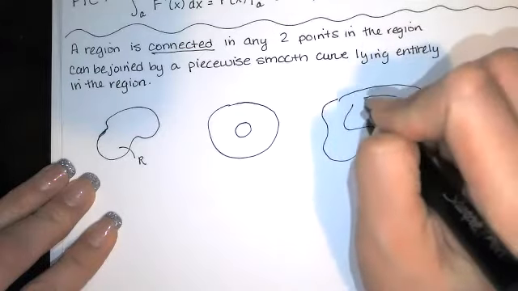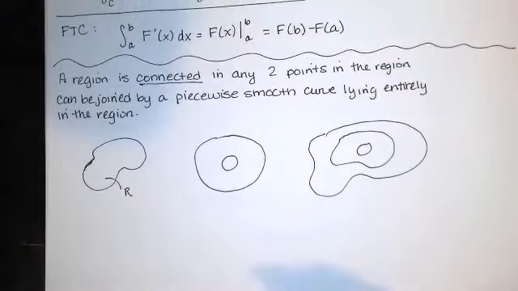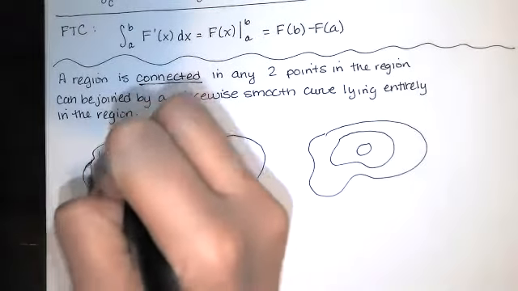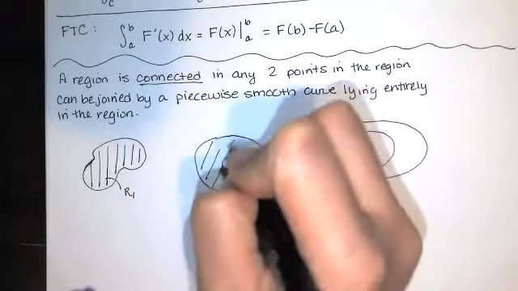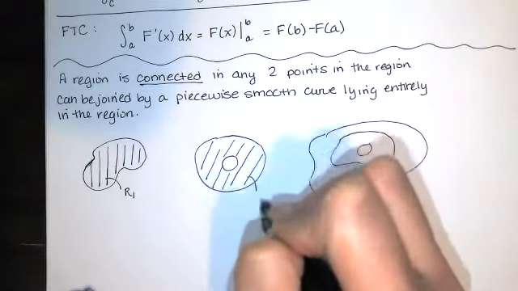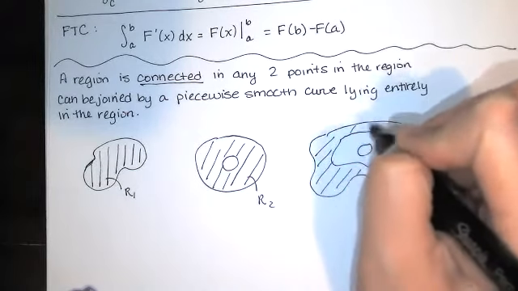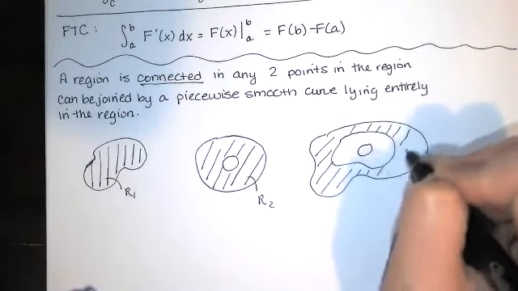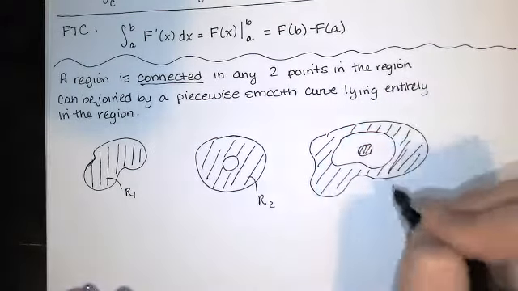Okay, I guess we should label them differently. We'll call that one R1, we'll call this one R2, and we'll call this one R3. R3 consists of this region out here and this little island inside.